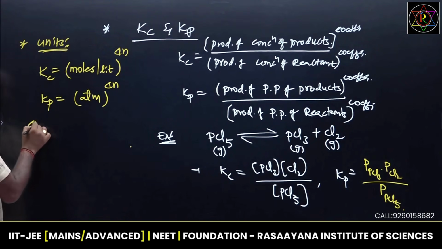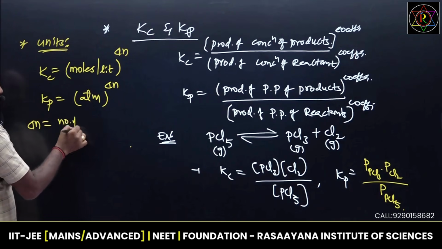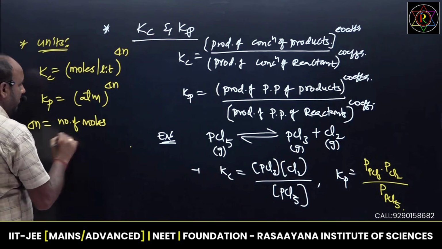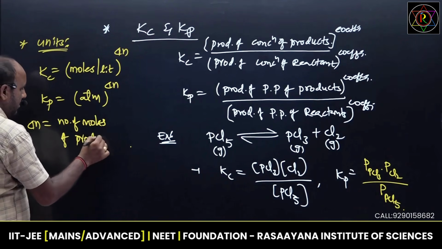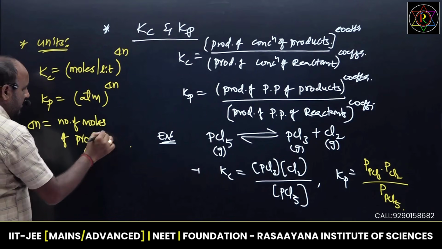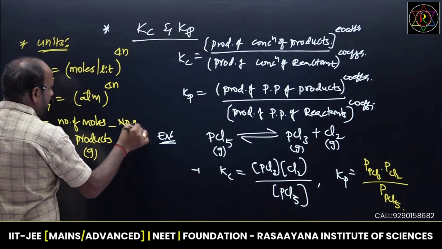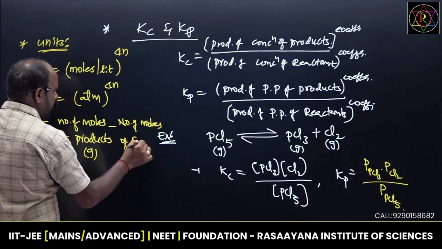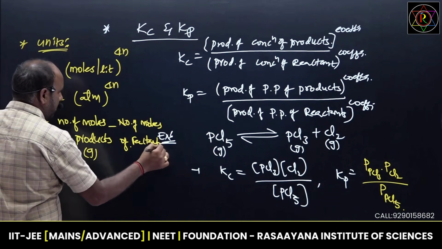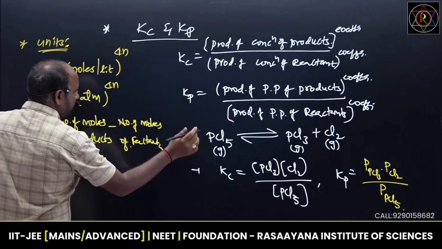What is delta n? It is the number of moles of gaseous products minus the number of moles of reactants.